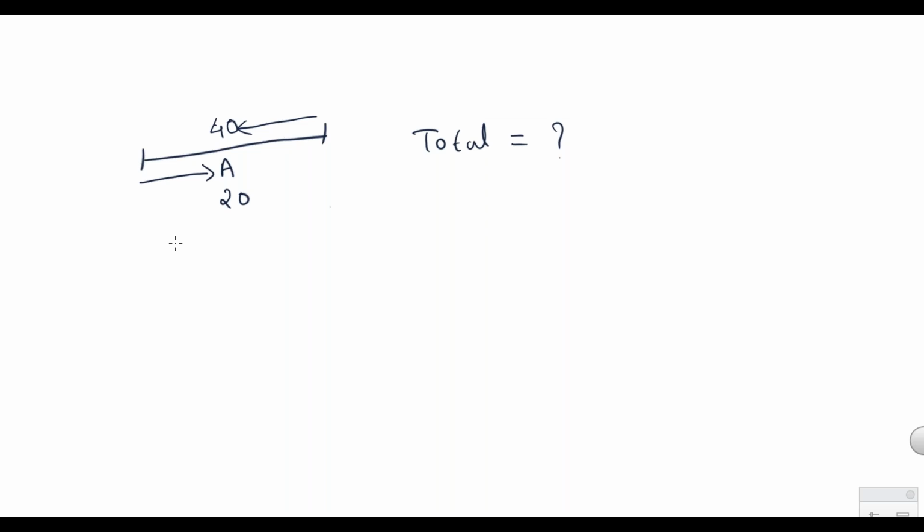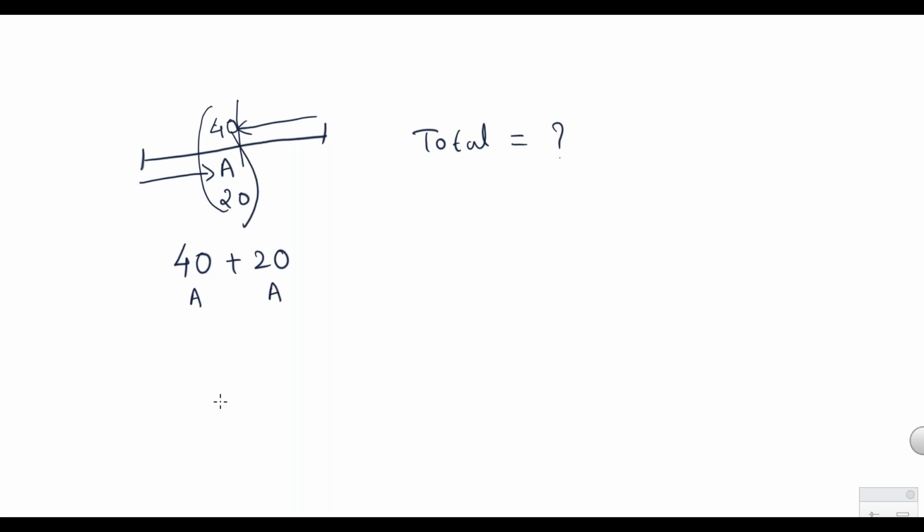Yes. So the first thing which strikes our mind is 40 plus 20. This is the basic thing we do, 40 plus 20. See, when I take 40, up to here I'm taking up to these 40 people. So in these 40 people, we have included A also. The person A is included. Now in this 20 people, up to 20, we have included A also.